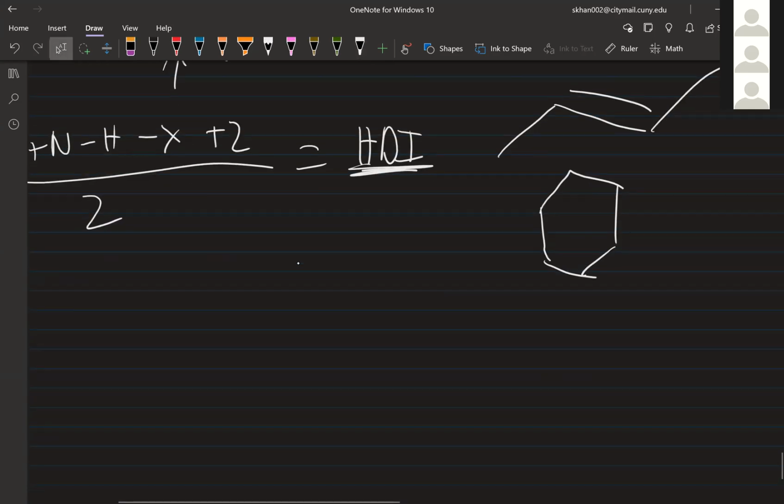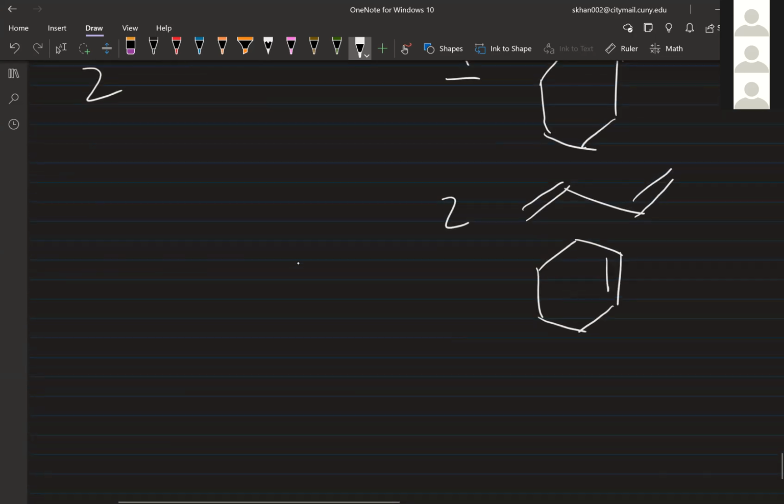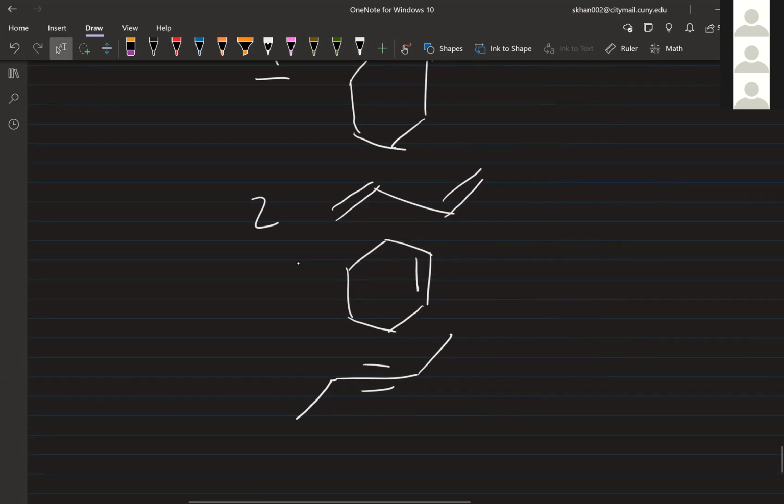So 2 degrees would be something like 2 alkenes in one molecule, or a ring plus an alkene, or even a triple bond, because there's 2 pi bonds in there. So each is a degree of unsaturation. A ring counts as 1 degree, a pi bond counts as 1 degree, and you could basically keep adding.